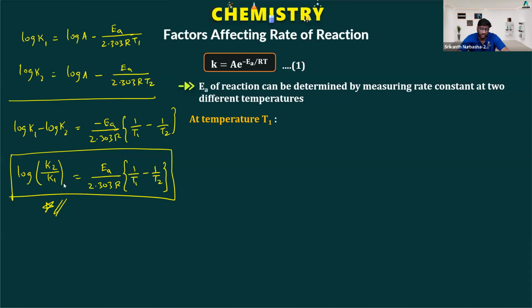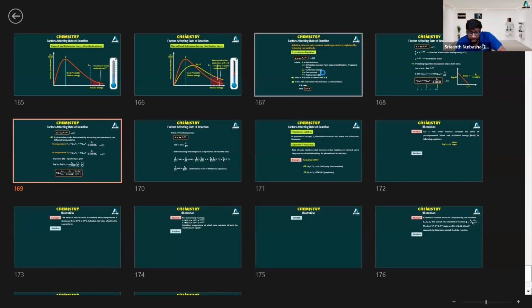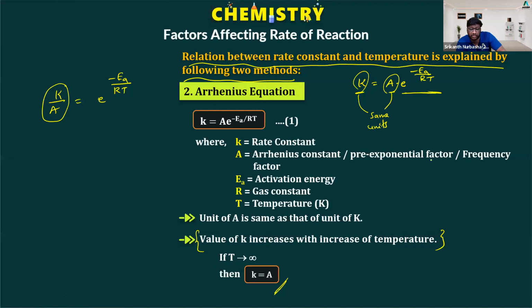You should ask a question like, sir, you said A is the collision frequency, but you are taking A the same. Why? That is the approximation we have taken. What is A? A is the Arrhenius constant or pre-exponential factor or frequency factor, the collision frequency factor.